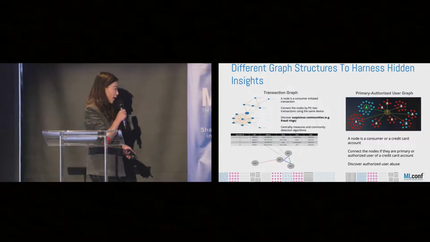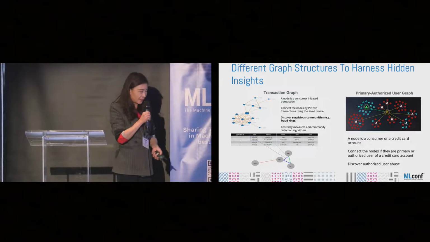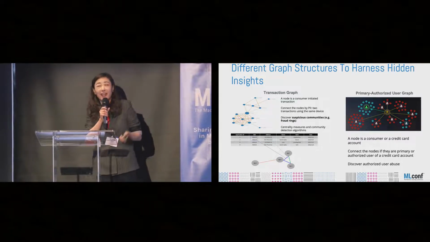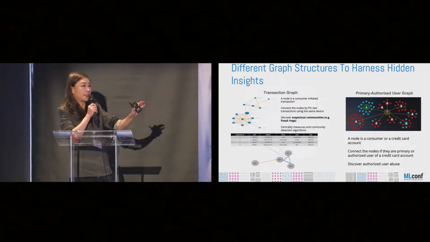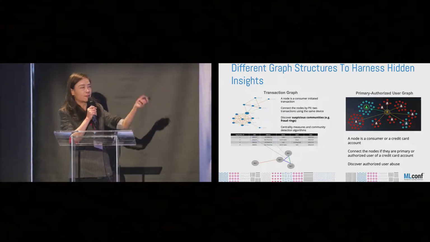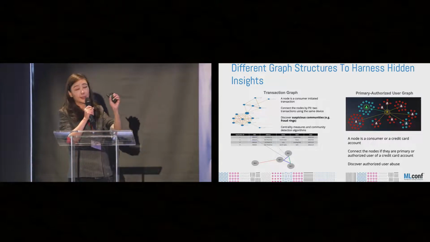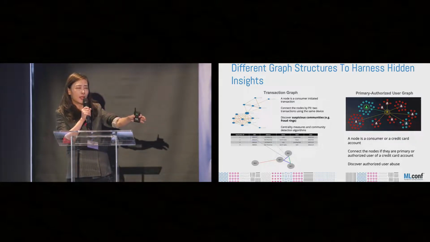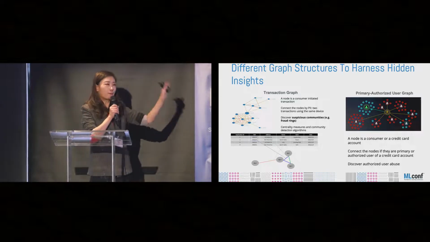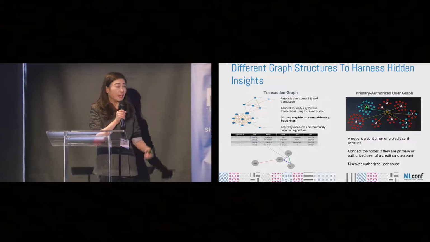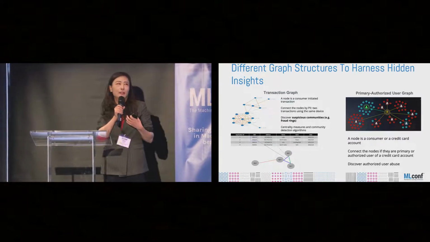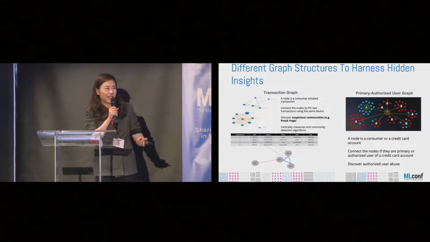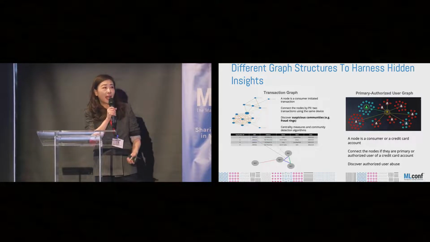I also meant to show you another centrality measure called neighborhood connectivity. Neighborhood connectivity evaluates how many graph neighbors a node is linking to, and it also evaluates how busy your neighbors are. Because as you can imagine, if there's a fraudulent node, the neighborhood connectivity value usually tends to be very high.